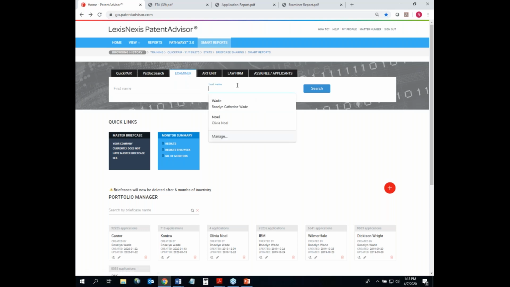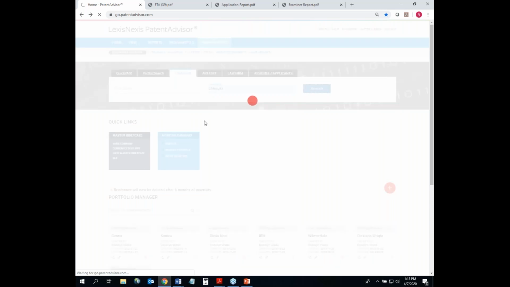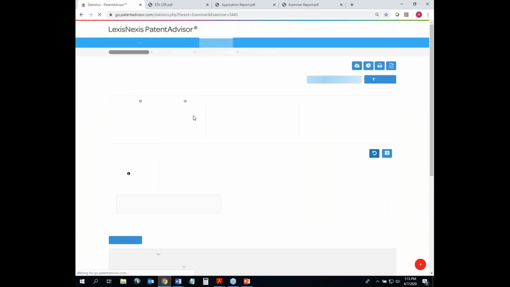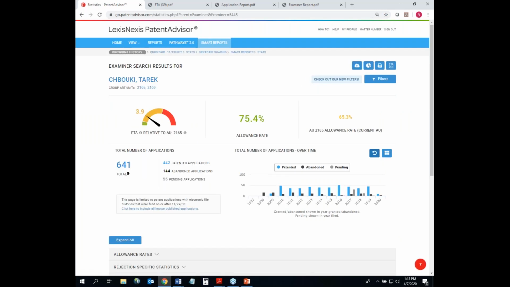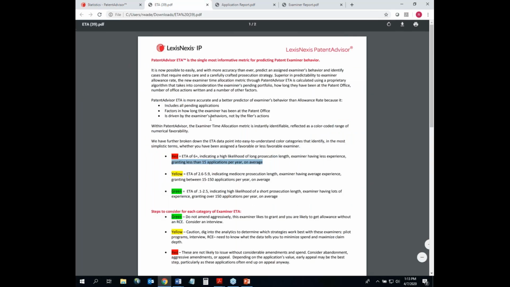As I showed, and I'll just display this one more time. If for any reason after this call the information for ETA didn't quite make sense or you want to pull that again, right here under ETA, there's this little eye. If you hover over that and click more information, that is what will bring you to the sheet on ETA.